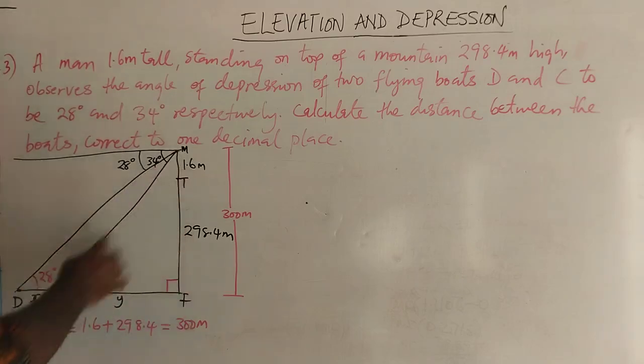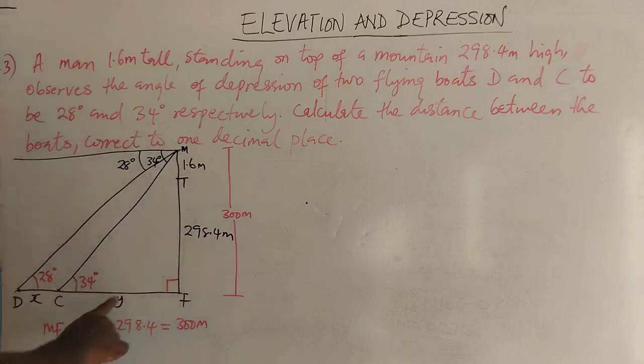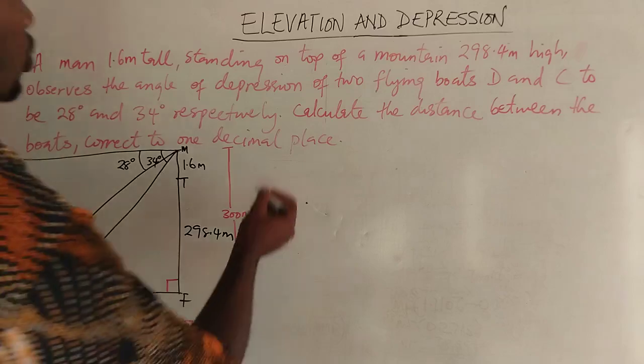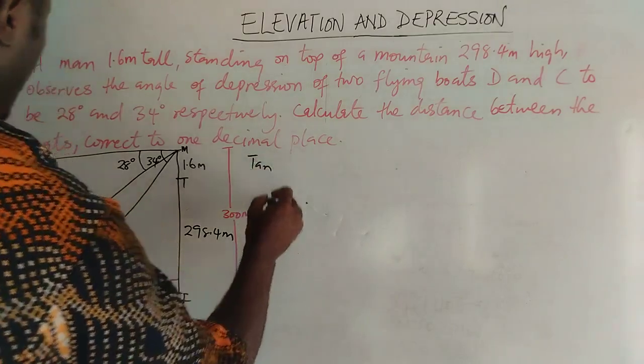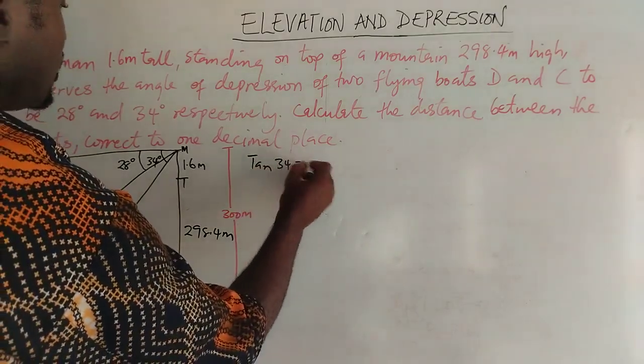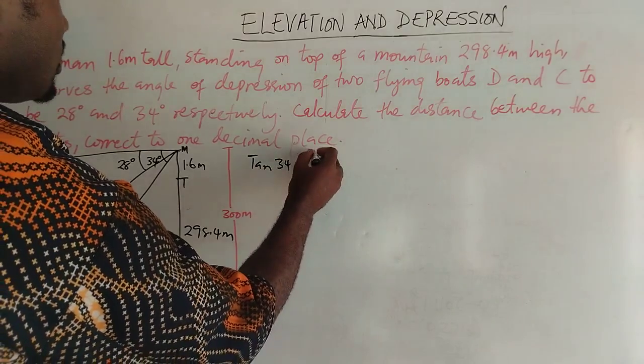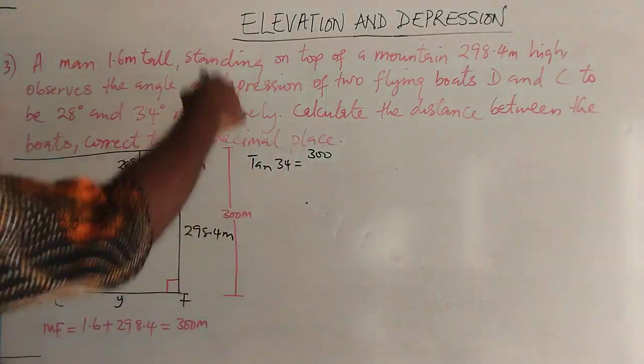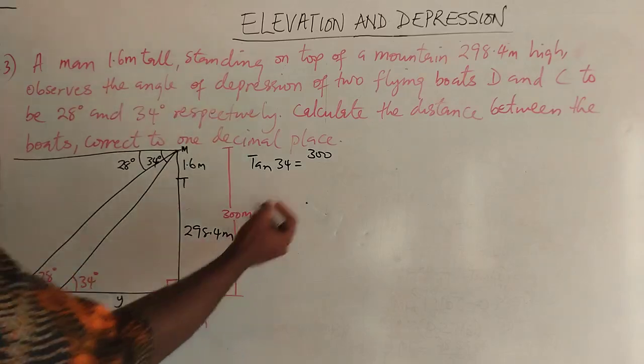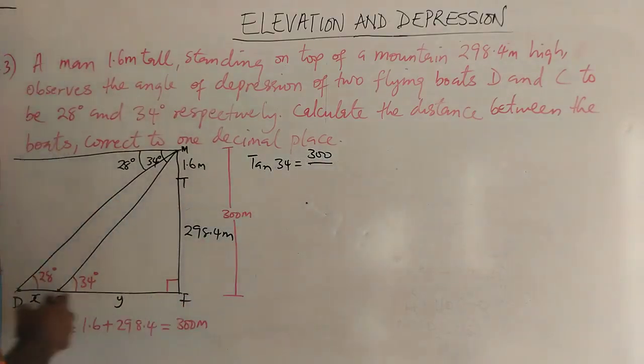Considering the smaller right angle, this is the opposite side, while this is the adjacent. That means we'll use tan. So tan 34 is equals to opposite, which is 300, the complete height, over y.